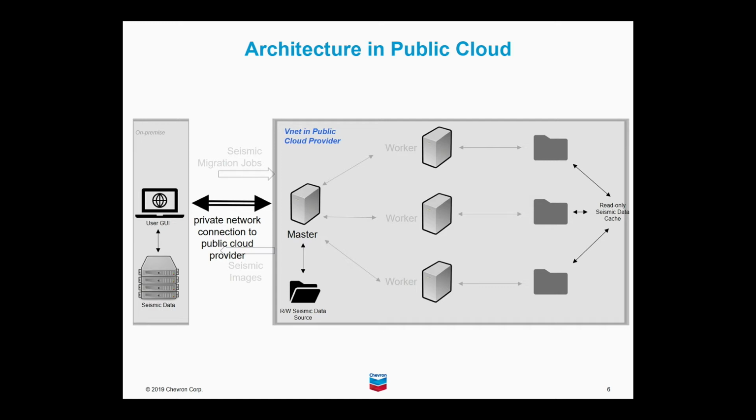This is the architecture in the public cloud. We have a virtual network where the master and the workers are, and each worker has access to the same copy of the seismic data. When the user initiates a seismic migration job, it sends it to the master.